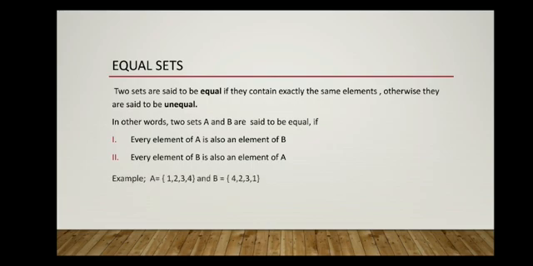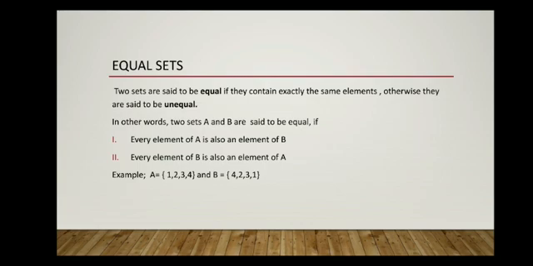We take A equal to {1, 2, 3, 4} and B equal to {4, 2, 3, 1}. We need to check whether every element of A is an element of B. If you take 1, 1 is there in B. If you take 2, 2 belongs to A and 2 belongs to B. Similarly 3 and 4 belong to both.